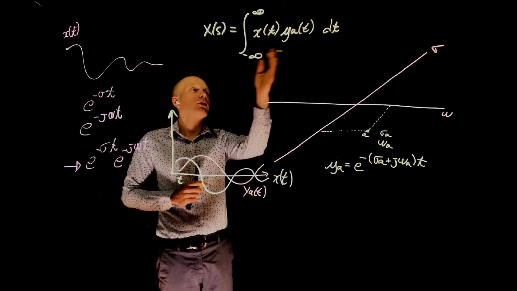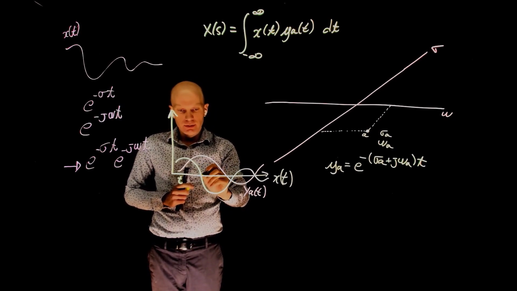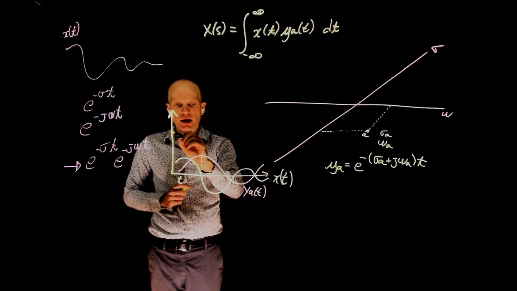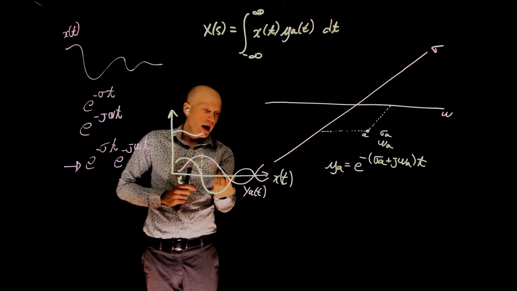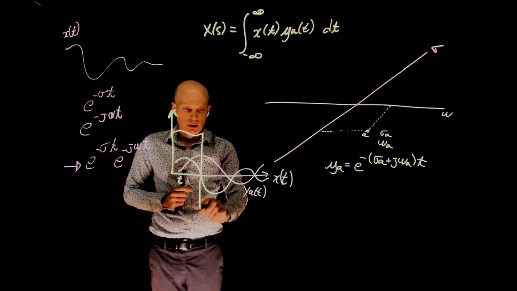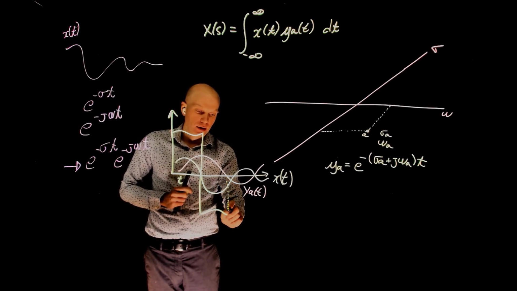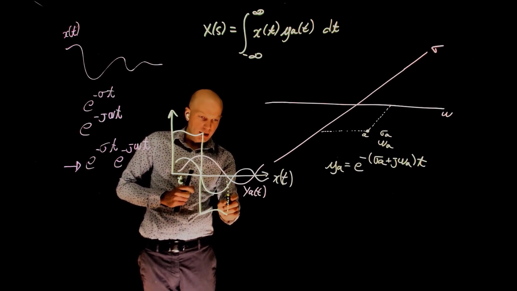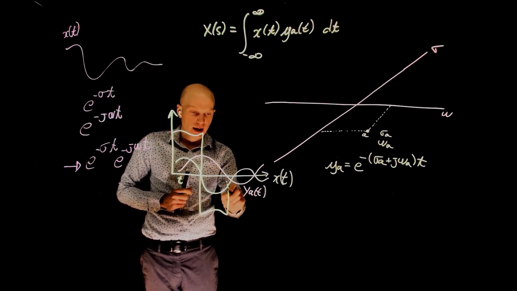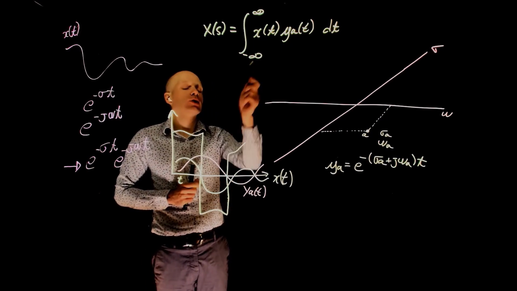What do we do now? Now we multiply these two expressions. You see that up to this part here, we have a positive number. Now x and y have different signs. This becomes a negative number. Here x and y are both negative, so you have a positive number again, and so on. And now we take the integral.